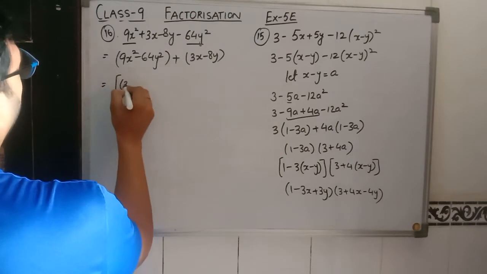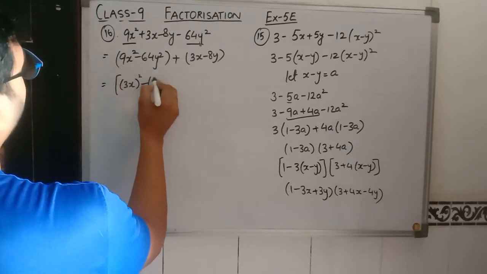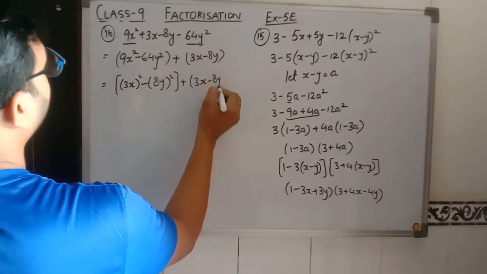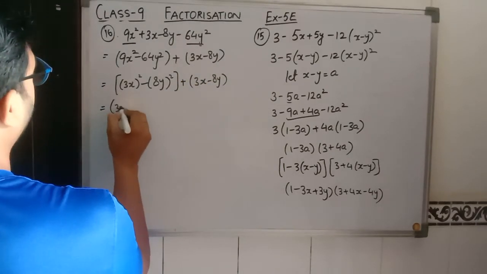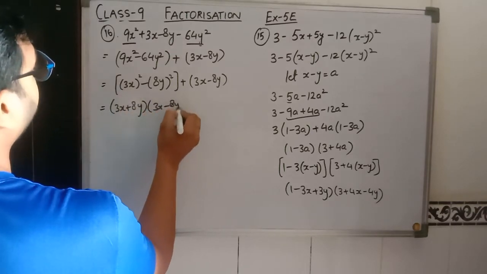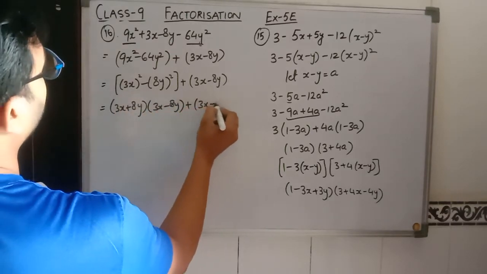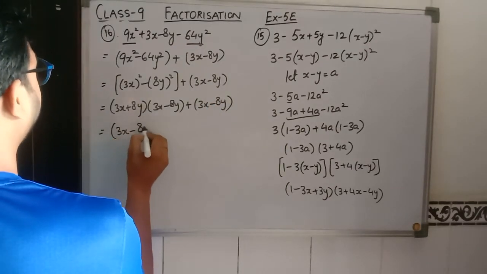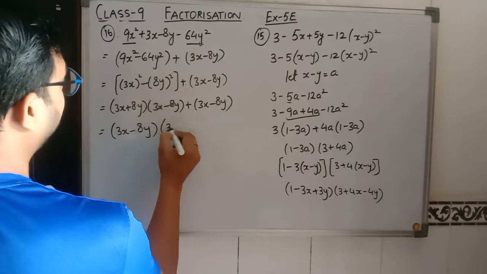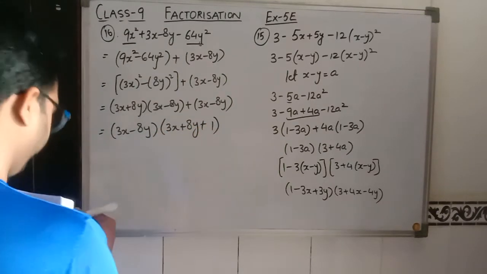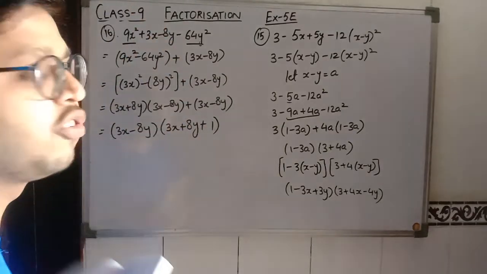Now apply the square, (3x) whole square minus (8y) whole square, and the other term will remain the same. Now apply a square minus b square: a plus b in the first bracket and a minus b in the second bracket, and 3x minus 8y remains the same. Now you can take 3x minus 8y as common. From the first bracket 3x plus 8y will be left, and from the second bracket 1 will be left. So this is the solution of question number 16.